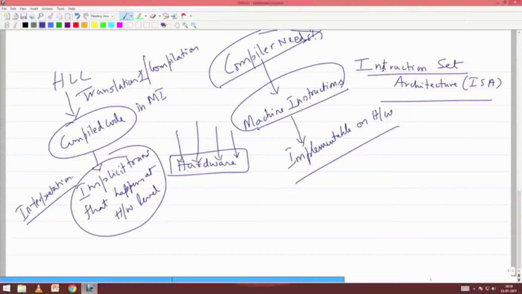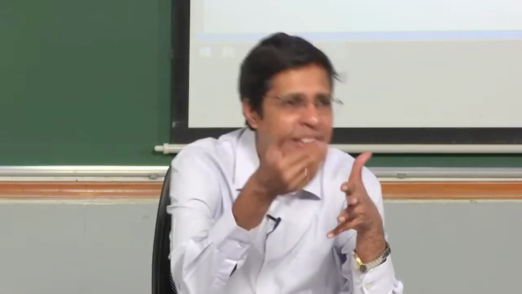So the difference between a compiled program and an interpreted program is this one interesting example. If I take the hardware, the first level of translation which takes the higher level language program and converts it into a machine language, that is compilation. Now this machine language program is taken as input to the system hardware, which takes instruction by instruction, understands it and executes it. Somehow we should know that this is add, this is multiply.